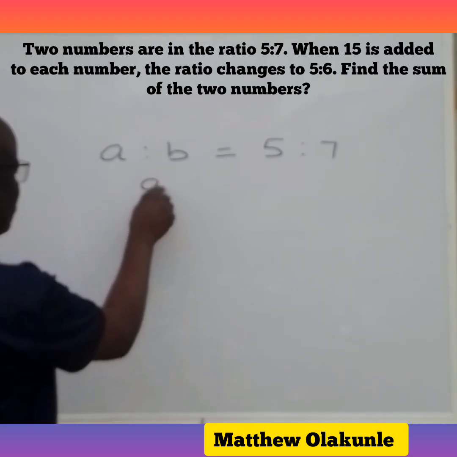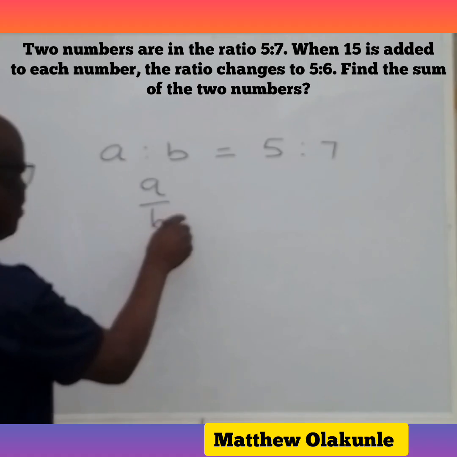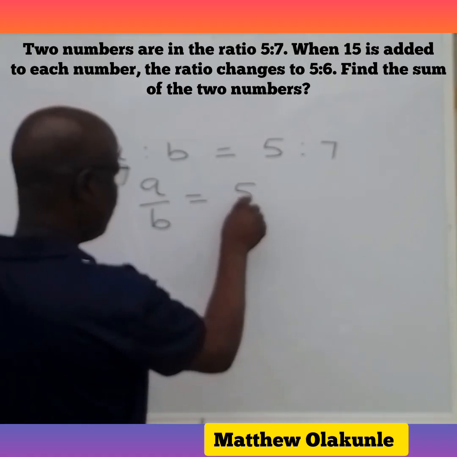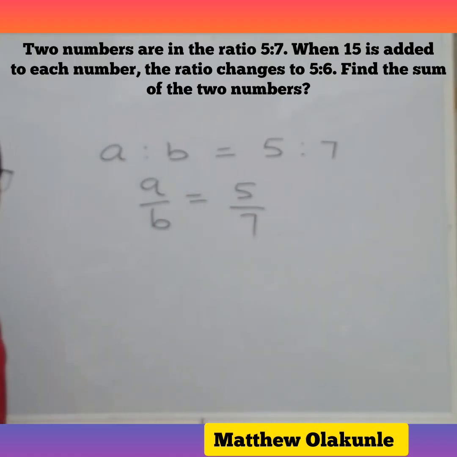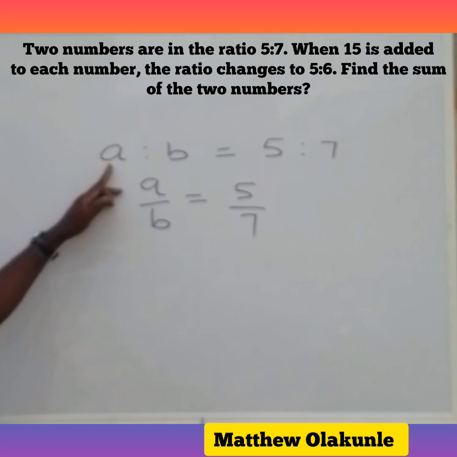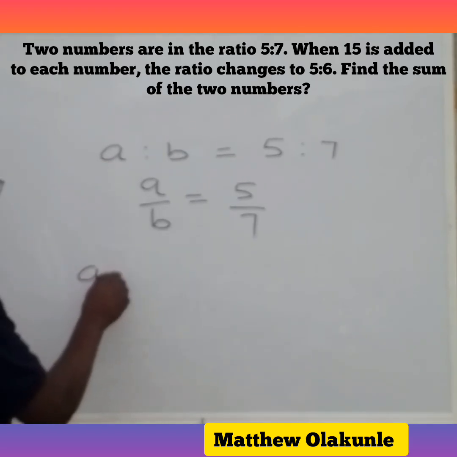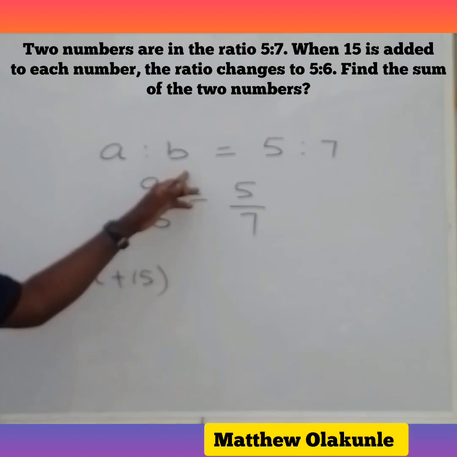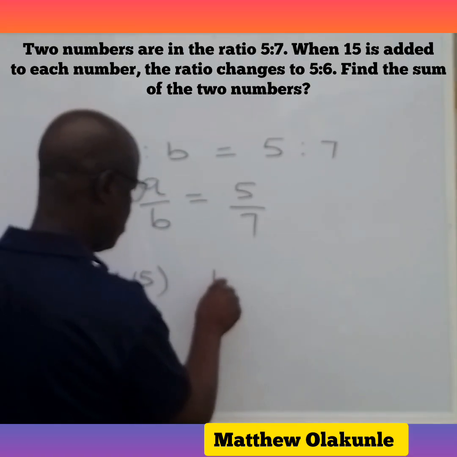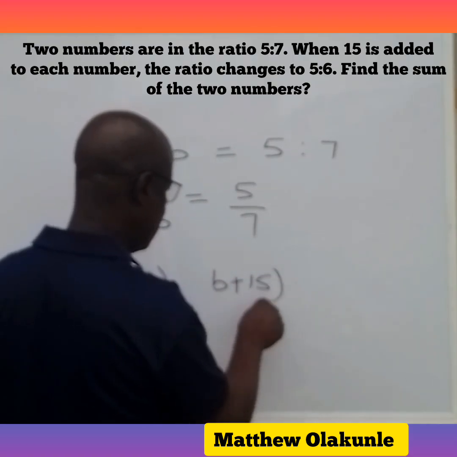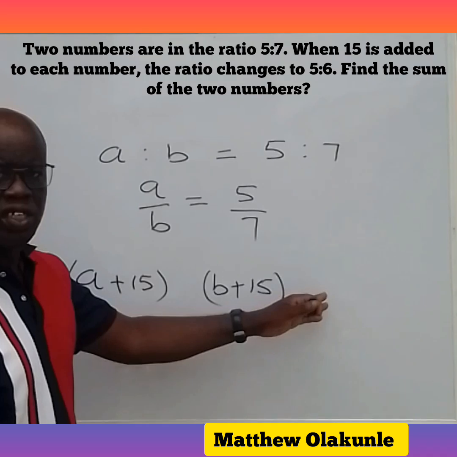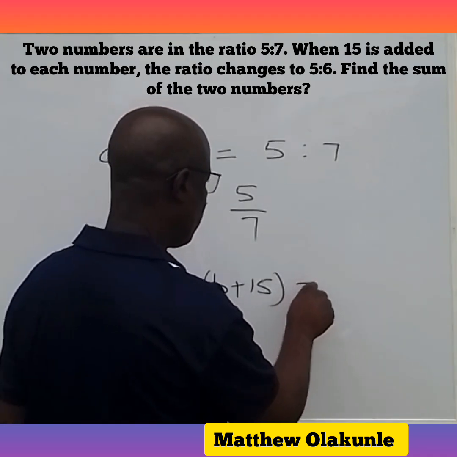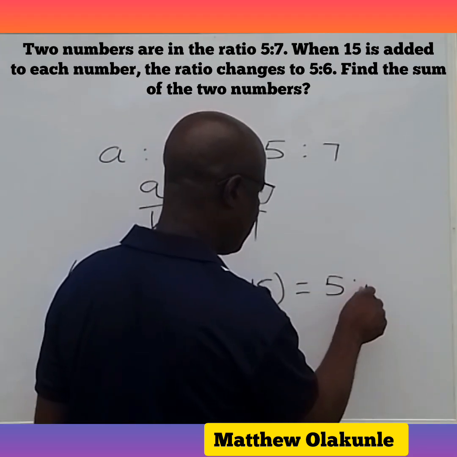In other words, you can say it's A all over B equal to 5 all over 7. Now, when 15 is added to A and 15 is added to B, their ratio changes, and it changes to 5 to 6.